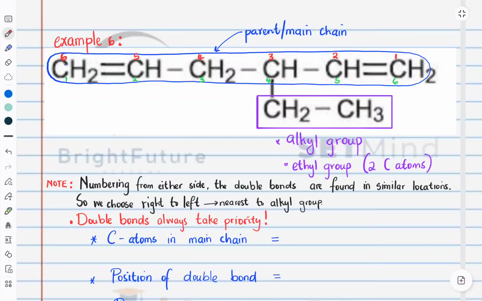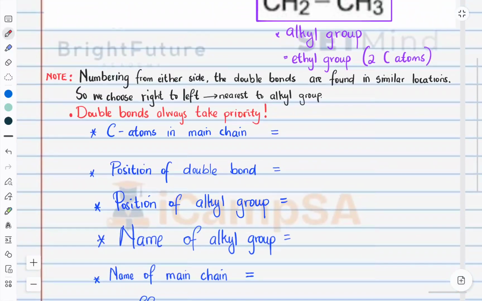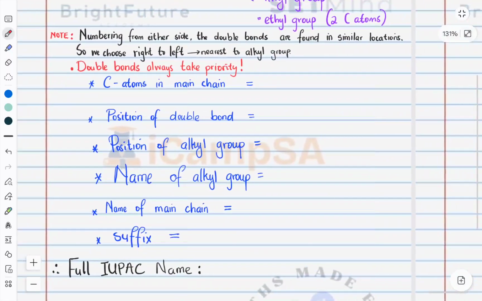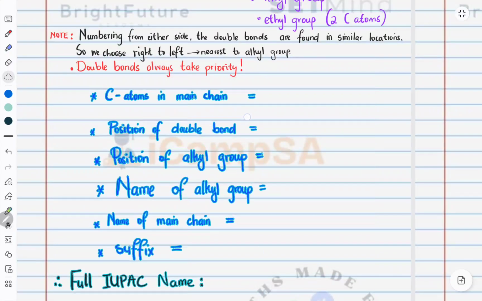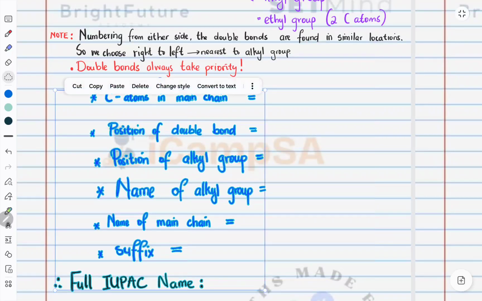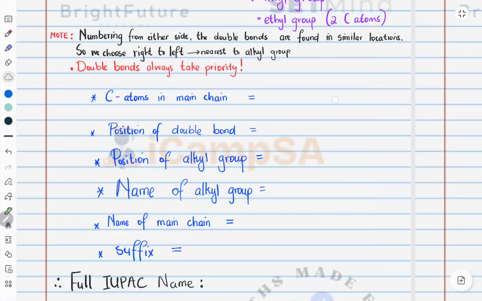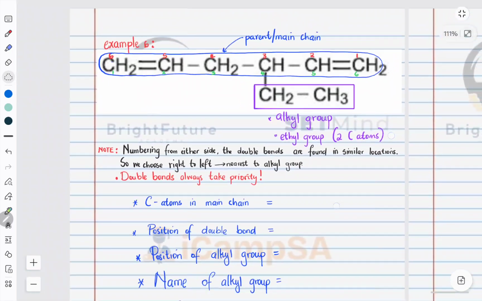But it's always good to remember that double bonds will always take priority. We'll look at the alkyl group later. In fact, ideally, it should not be incorrect even if you continue numbering from left to right in this situation, because you have prioritized your double bonds, okay?